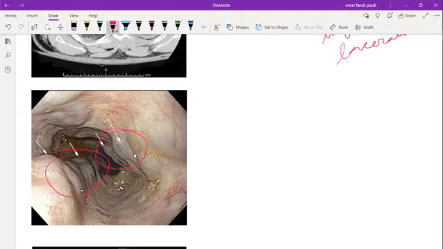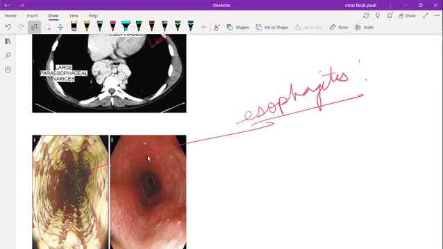This is the picture of esophagitis. This is due to candida. In candida there is white pseudomembrane. Look at the white pseudomembrane. And if it is caused by HSV1, there is punched out ulcer.